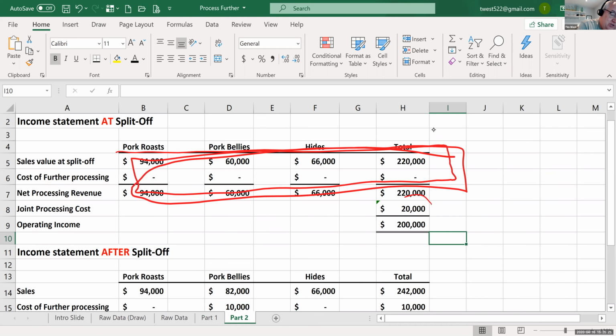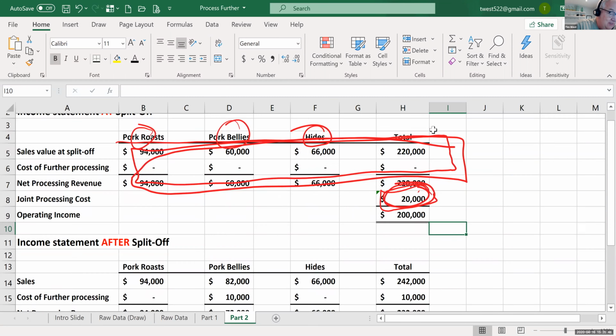And don't forget those joint costs, because those are incurred in total to get to the pork roasts, the pork bellies, and the hides.